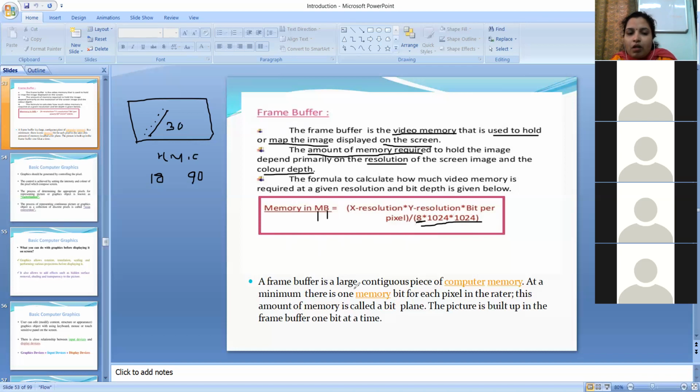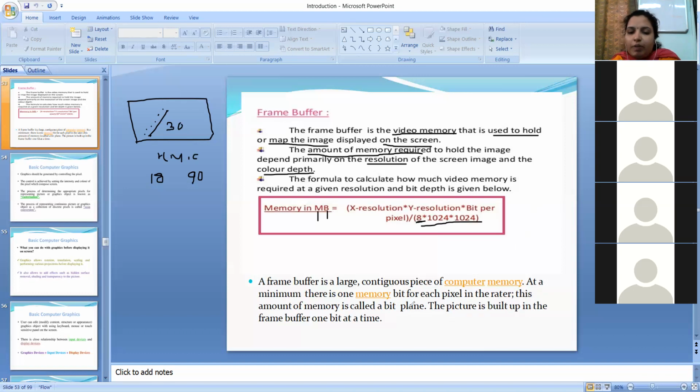Okay, so a frame buffer is a large contiguous space of computer memory. At a minimum, there is one memory bit for each pixel in the raster, and this amount of memory is also called a bit plane. The picture is built up in the frame buffer one bit at a time. So here I am going to store the picture bitwise.